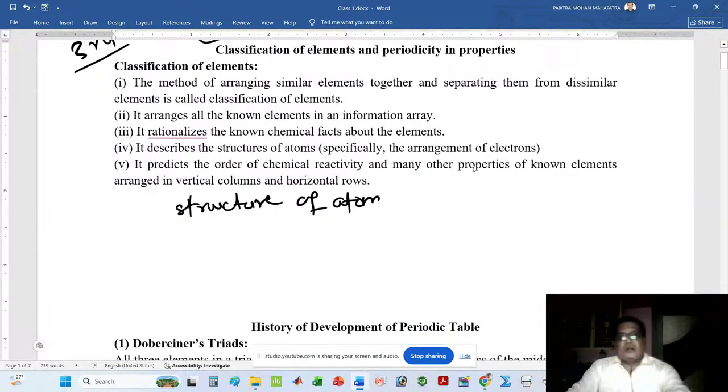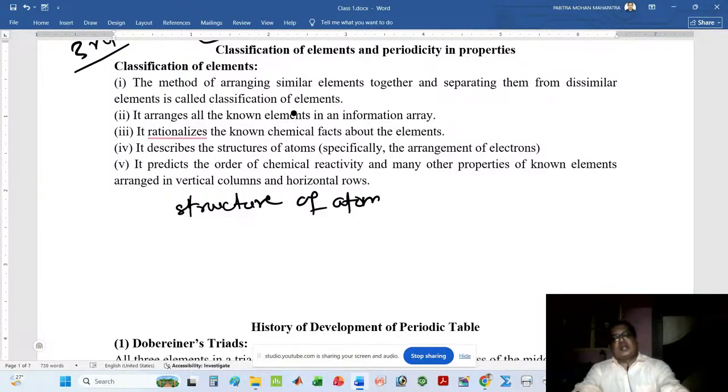Before the discovery of the periodic table, it was very difficult to remember the names of all elements. It was also difficult to know about their occurrence, method of preparation, different compounds of the element, chemical properties and physical properties. All these things are very difficult to remember, to learn, to understand.